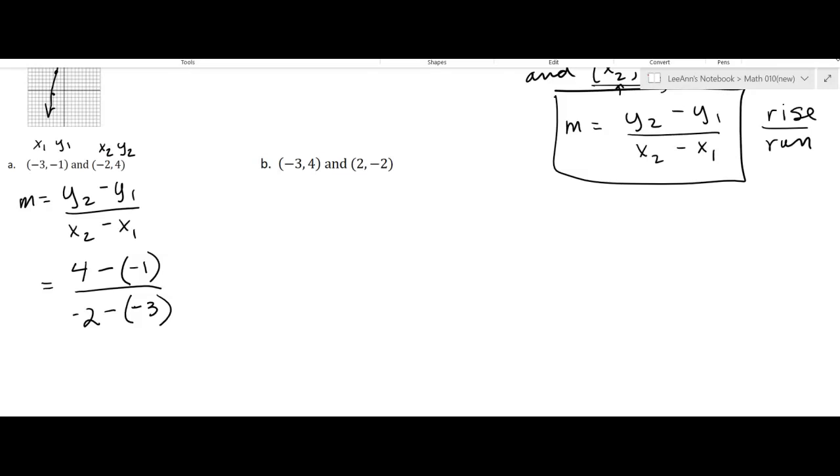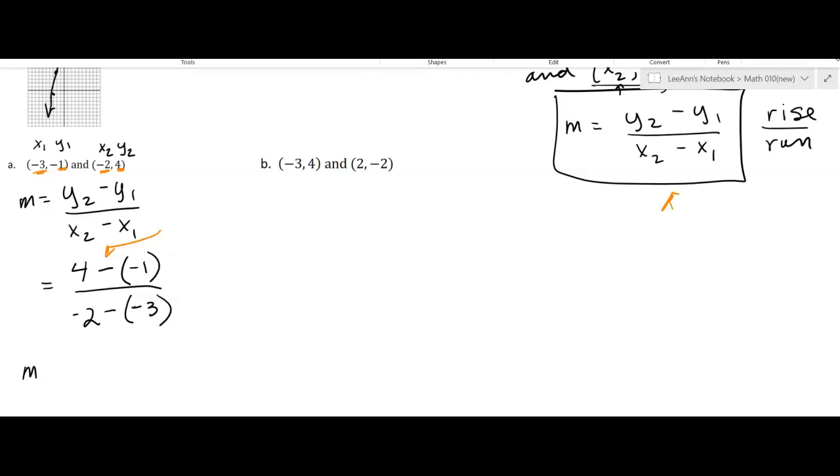So there's only 4 numbers, so you're putting them each where they go. The tricky thing, I think, where students mess up is the subtraction sign. So the subtraction sign is part of the formula, and so we're taking 4 minus -1, and then -2 minus -3. So now you have to do the calculating.